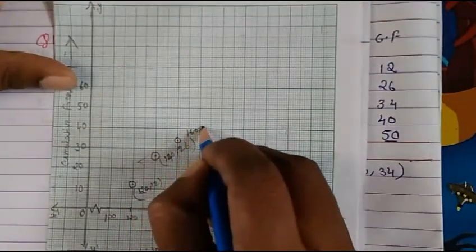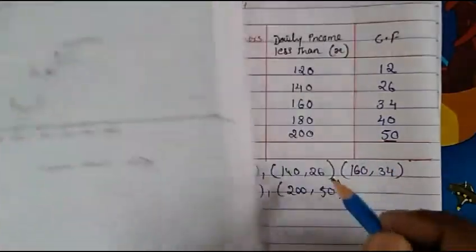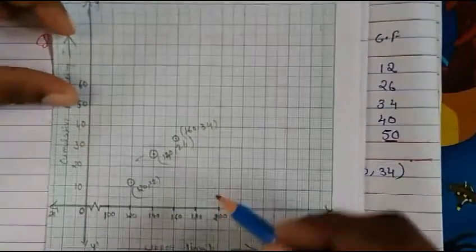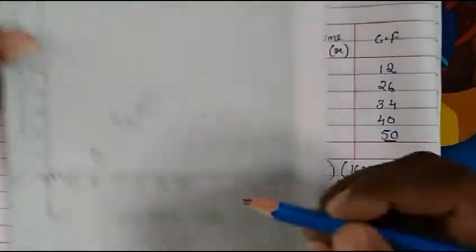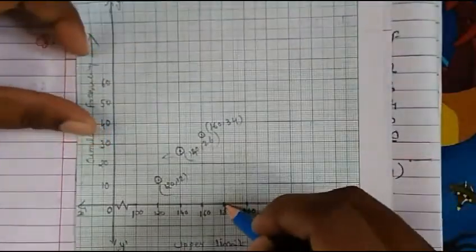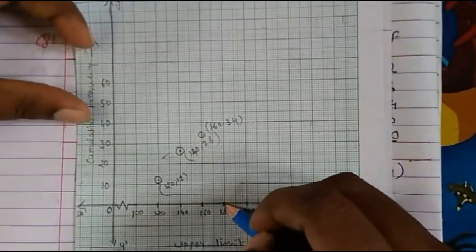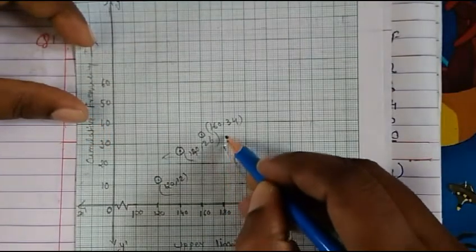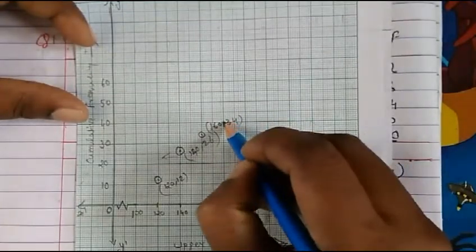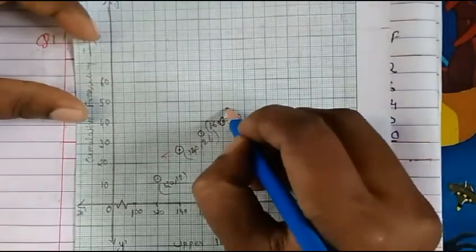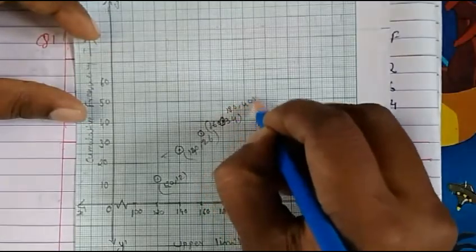So 160 comma 34. Then 180 comma 40. 180 is here on X. In this direction 180 is here, and on the Y direction 40 is here. This is 180 comma 40.